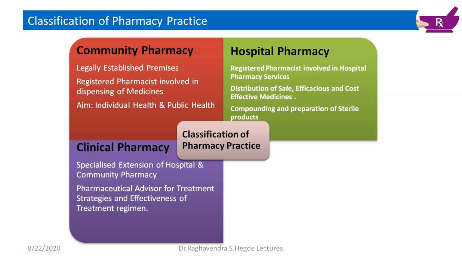Now moving on to clinical pharmacy. When pharmacy practice is applied to the clinical setting, it is said to be clinical pharmacy practice. Clinical pharmacy practice is a more specialized extension of community or hospital pharmacy, where registered pharmacists play the role of pharmaceutical advisor for the treatment strategies and effectiveness of treatment regimen.